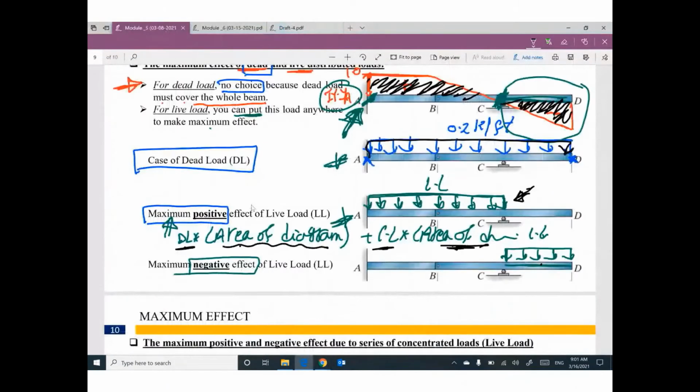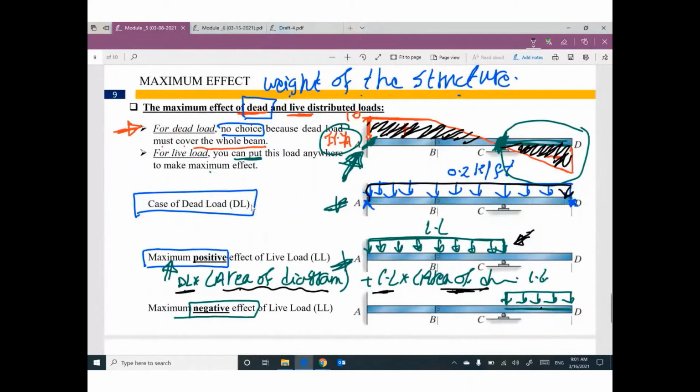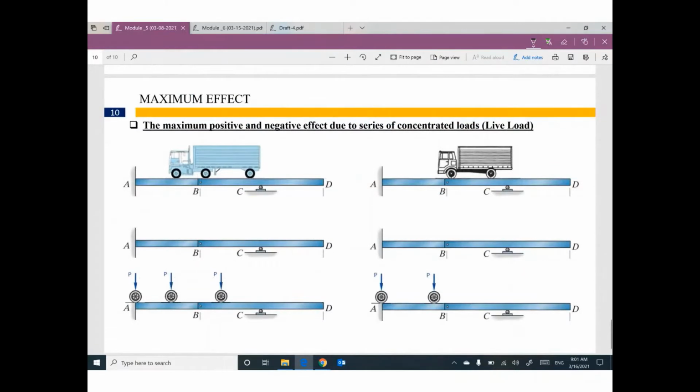Based on the previous week, we covered the case when we have dead load and live load as distributed loads. What will happen if you have a truck? Do you think the truck will be a uniformly distributed load?